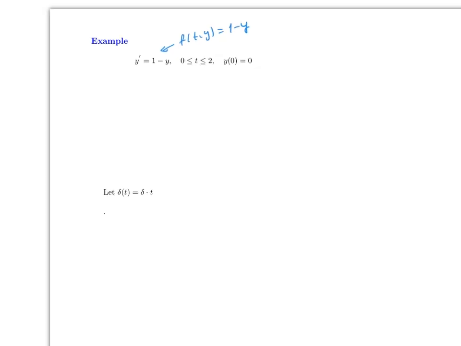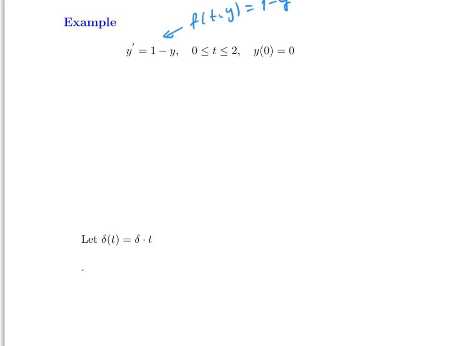So let's do the separation of variables. Remember that y prime is just dy/dt.